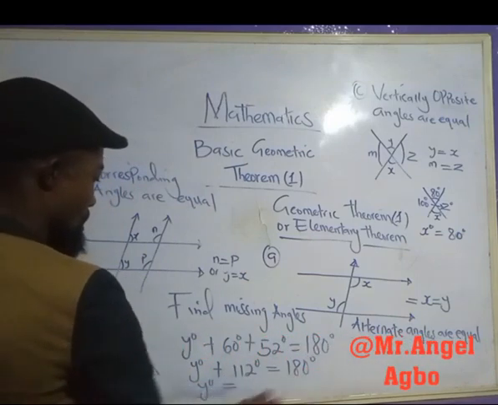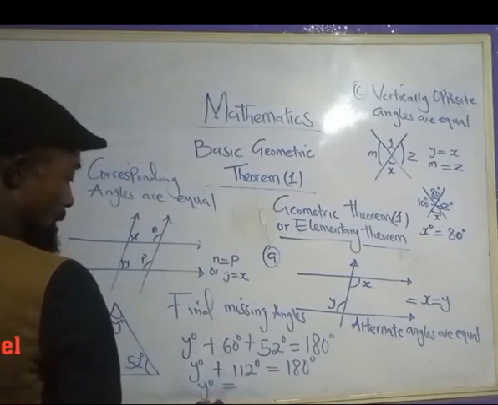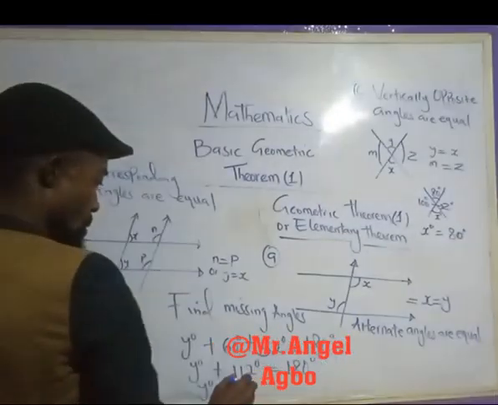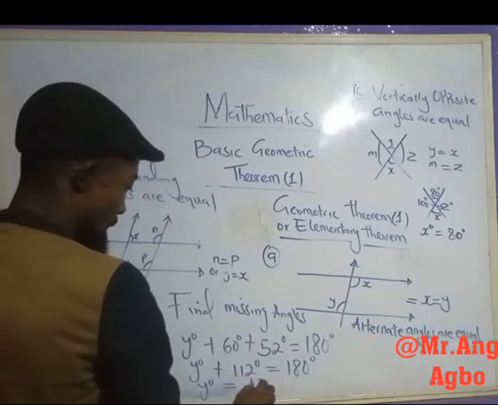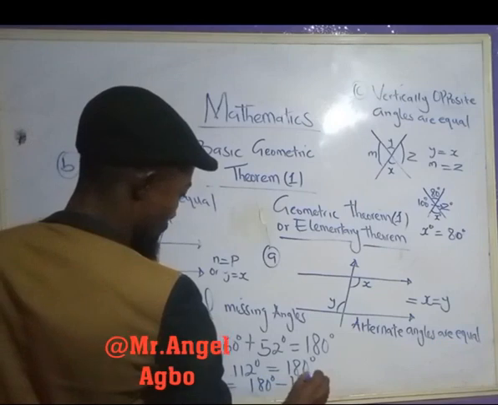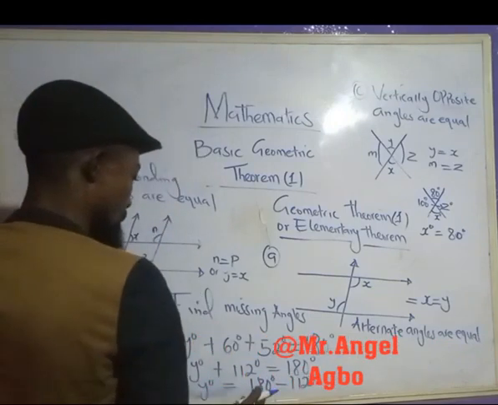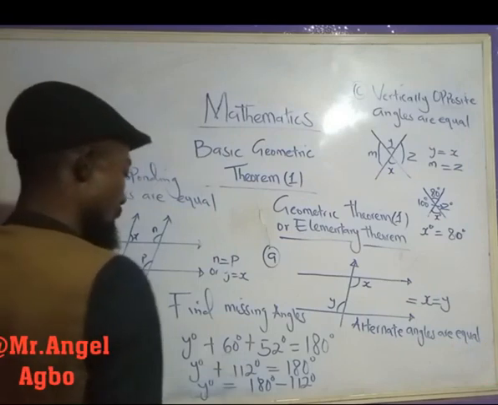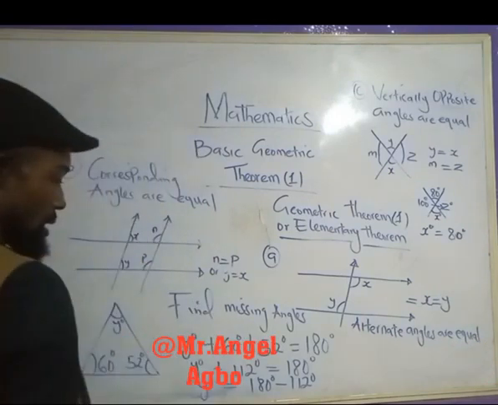So y degrees is equal to what? 112 degrees goes to the other side. Do you get that? So we have 180 degrees minus 112 degrees, which will give us 68 degrees.